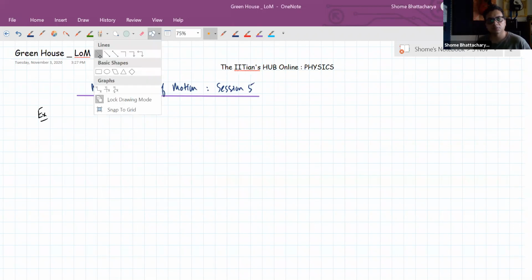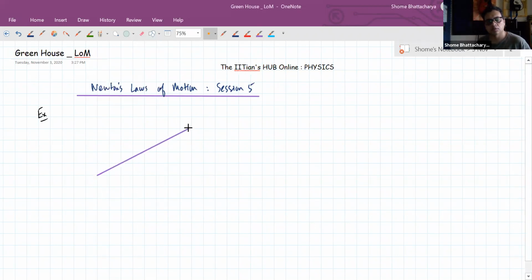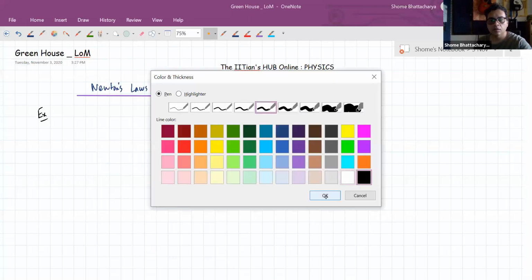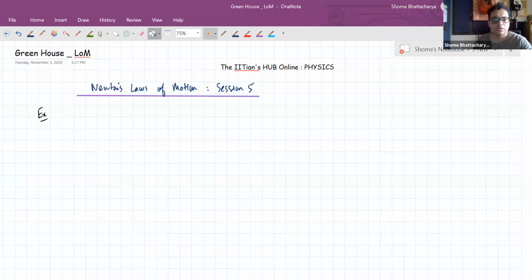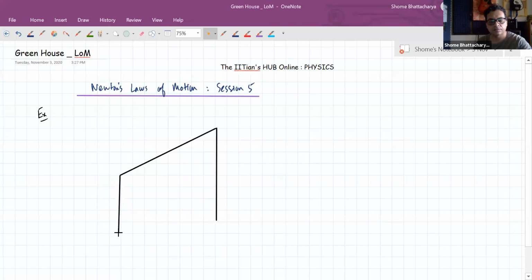So here we are having a system like this where we have an inclined plane, but it's really more like an inclined surface like this, which is, let's say, at 30-degree inclination to the horizontal. This is a smooth surface.